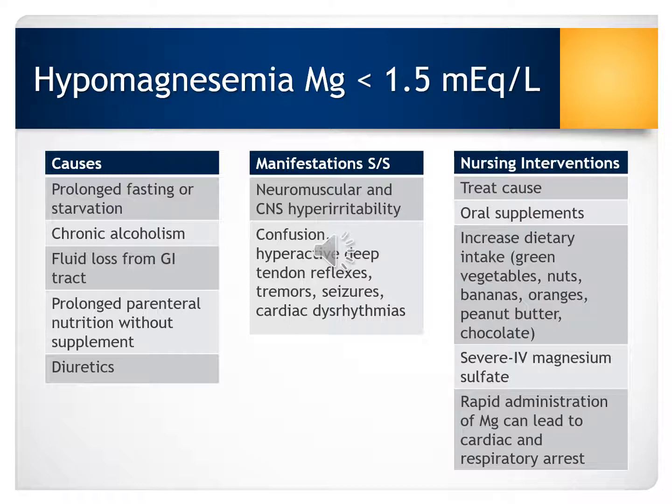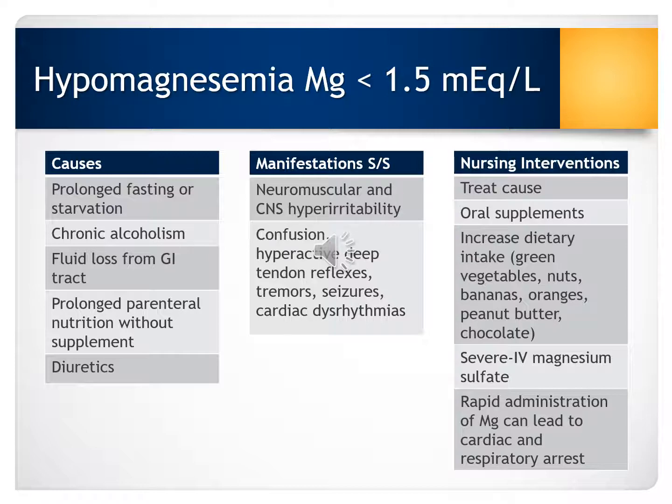Someone who has been on prolonged parenteral nutrition but hasn't had magnesium supplements, and someone who is on diuretics. Signs and symptoms can include neuromuscular and CNS hyperirritability. So this can also be someone who might have confusion, hyperactive deep tendon reflexes. You may see tremors, seizures, and cardiac dysrhythmias.